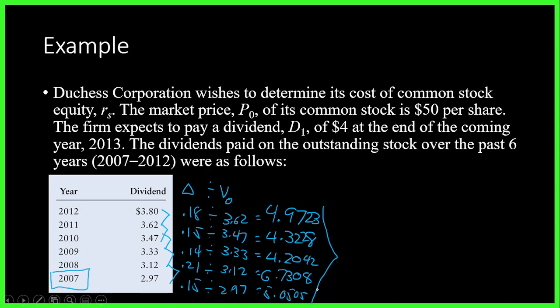Nag-utos pa ako, no? Ako rin lang pala ang gagawa. 3.228 plus 4.2042 plus 6.7308 plus 5.0505 equals, and then we divide this by 5.